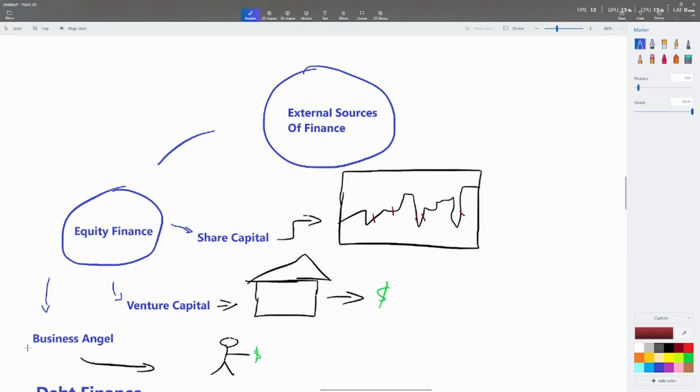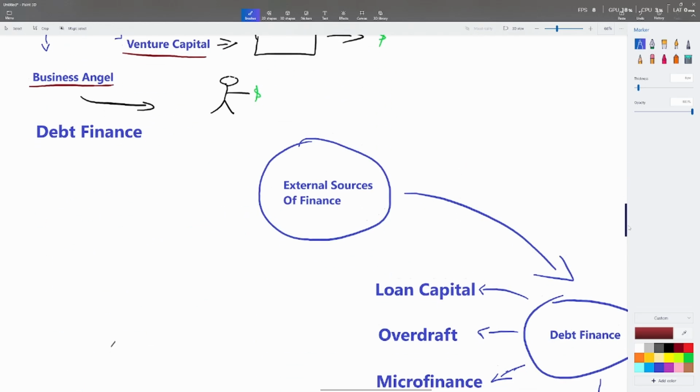So to go over it, a business angel is a person who gives you money for a part of your company. Venture capital is usually a business that gives you money for capital, and share capital is when you have your business on the stock market and people can buy parts of it for money.